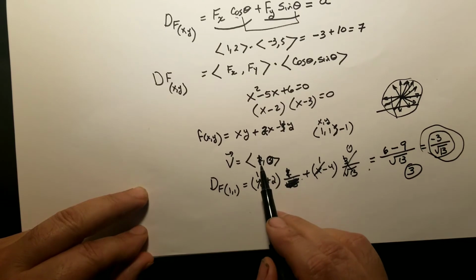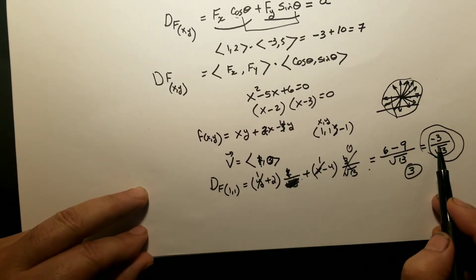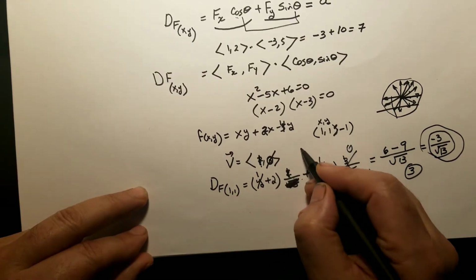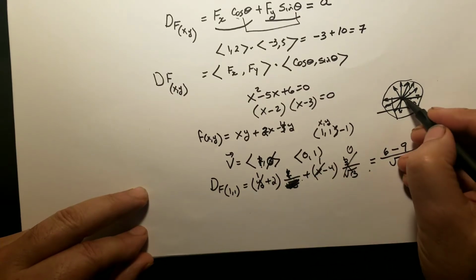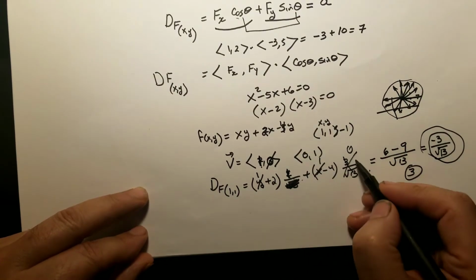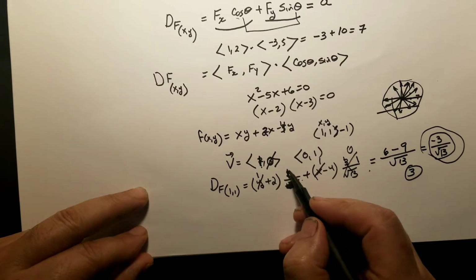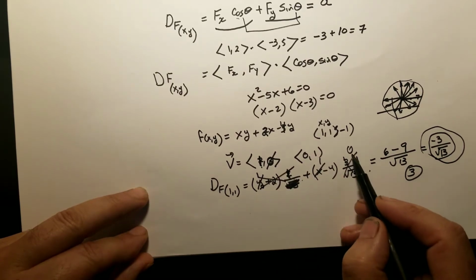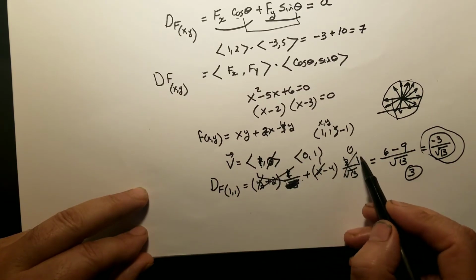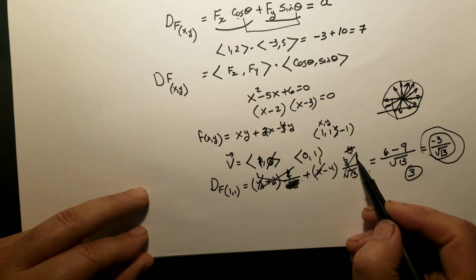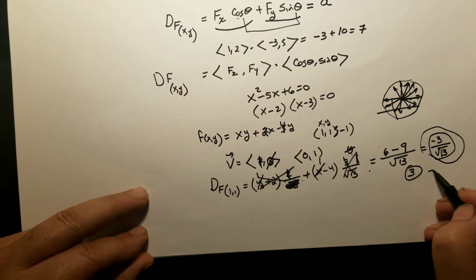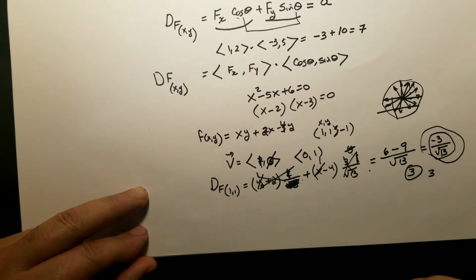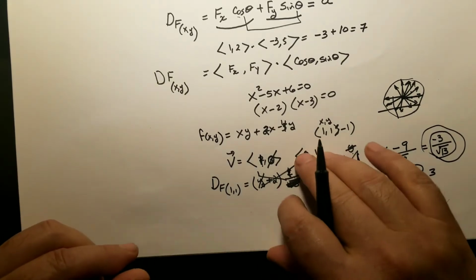See, in that direction is way more than that one. Maybe in the direction of 0 and 1, this becomes 1 and that becomes a 0. Therefore, here you have negative 3. Negative 3 times 1 is negative 3. Therefore, that direction and that direction are the same. I want to know the fastest one. Okay, let's talk about that.